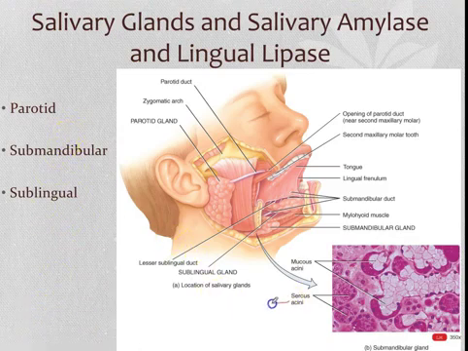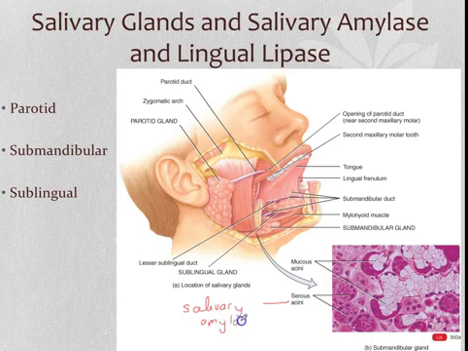So the serous acini are producing salivary amylase, and this will start to break down carbohydrates.